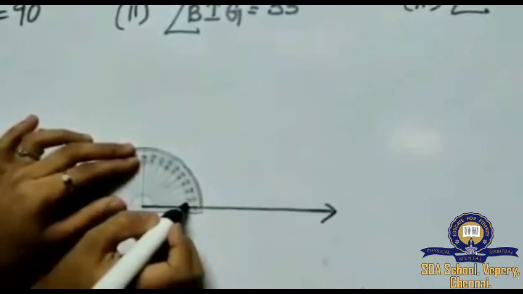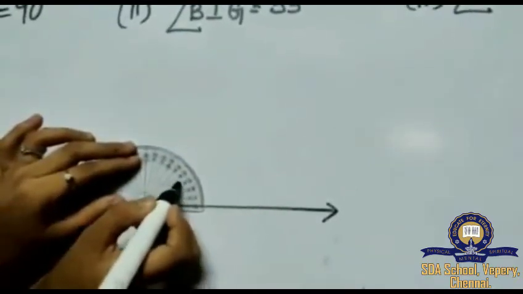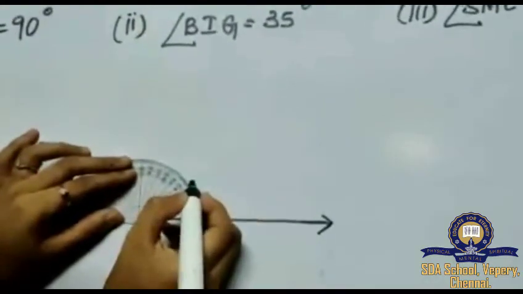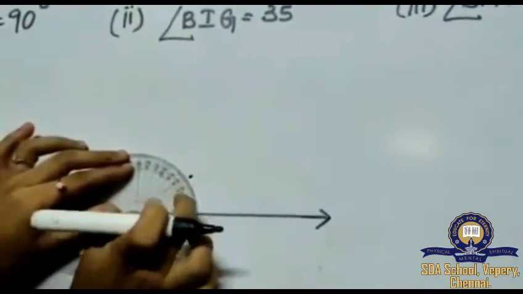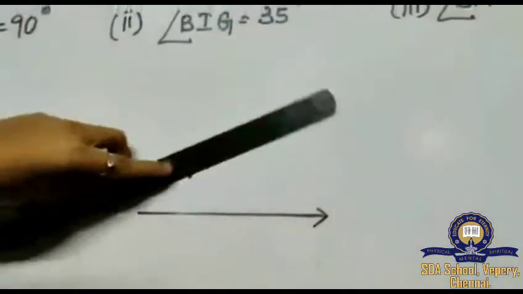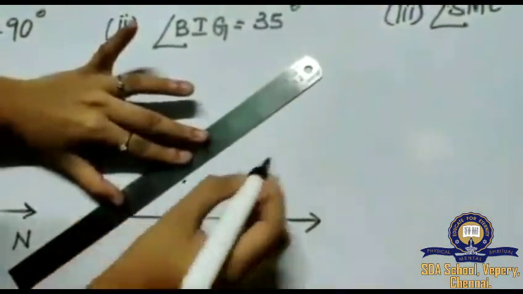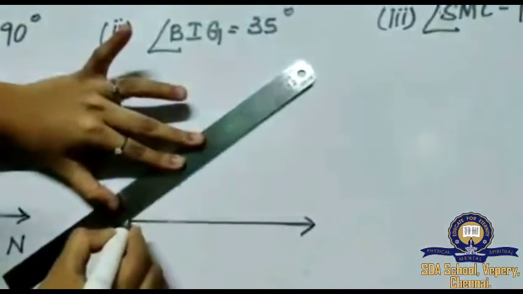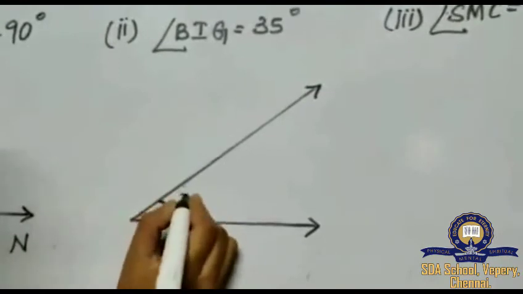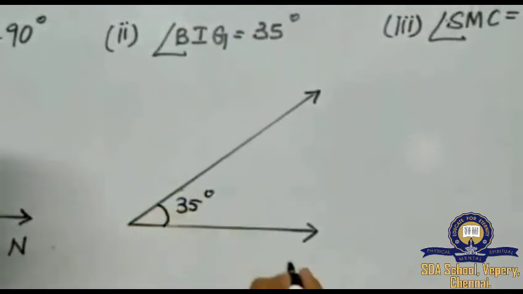Can you all see the inner measurement? 0, 10, 20, 30. I'm just going to place the pointer over here. They are asking 35, right? So I'm going to take out the protractor and with the help of a scale I'm going to draw the line. So this will be my 35 degrees. You can write it as BIG.